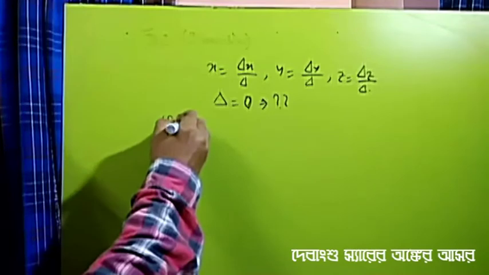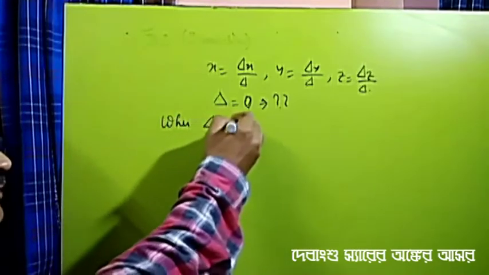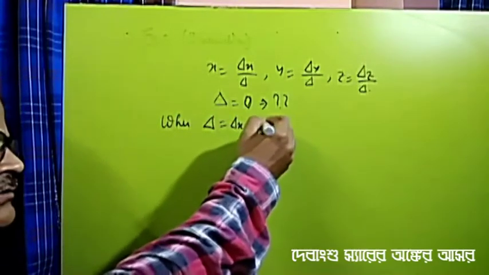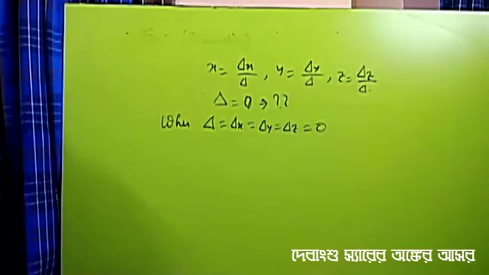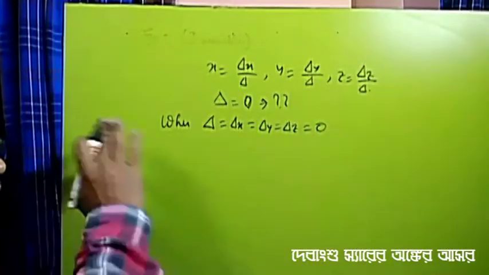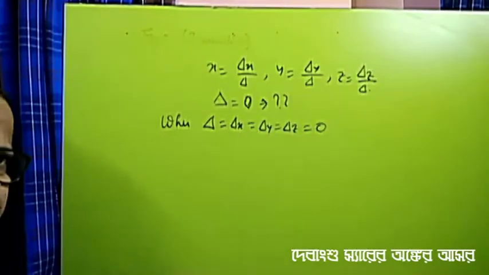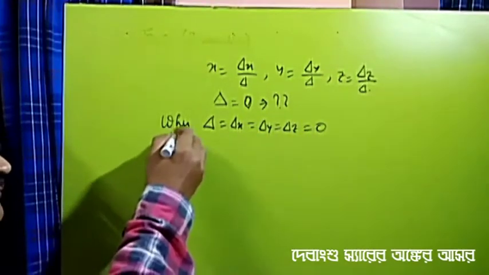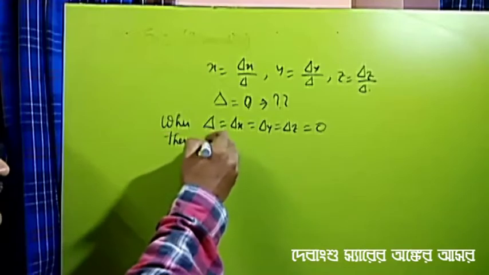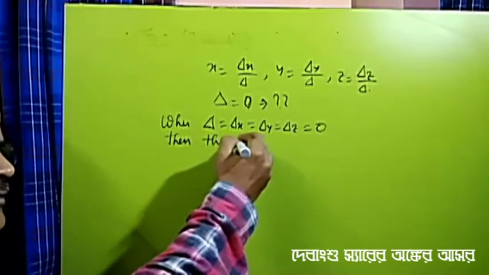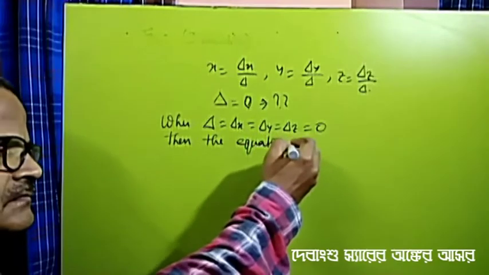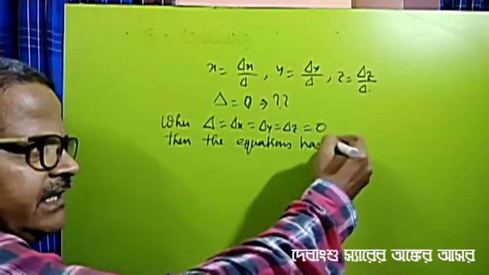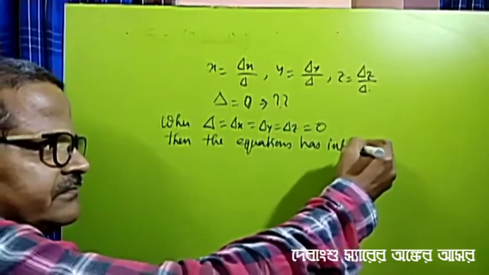When delta is equal to delta x is equal to delta y is equal to delta z, all 0, then the equations have infinite solutions.